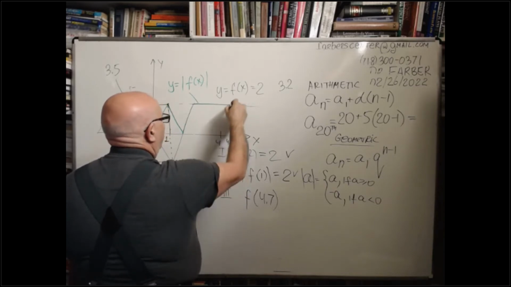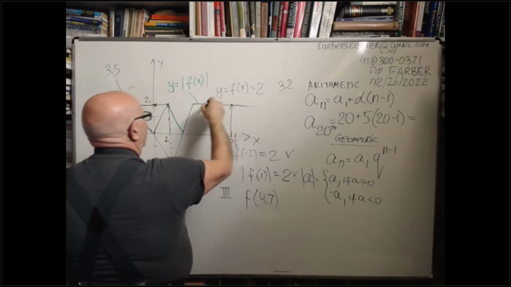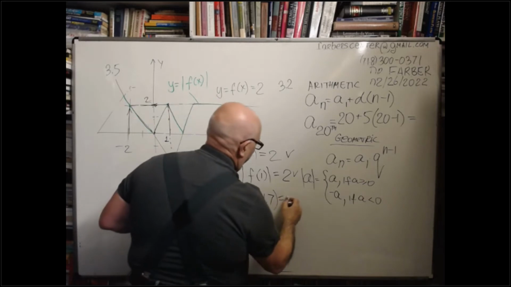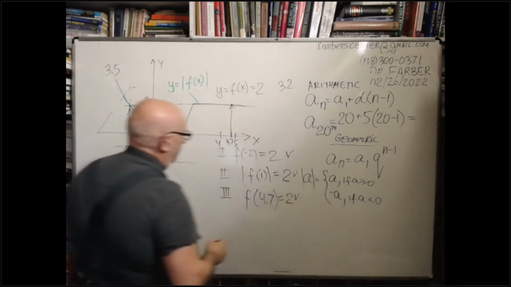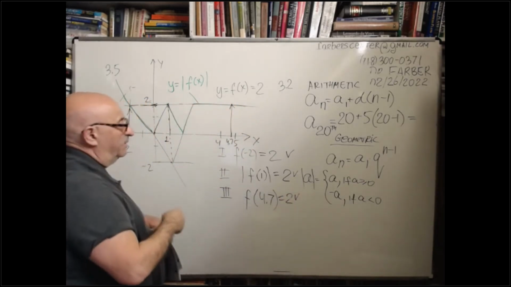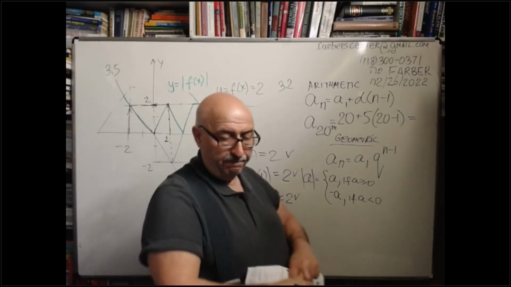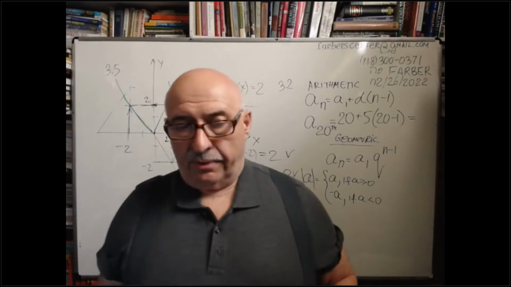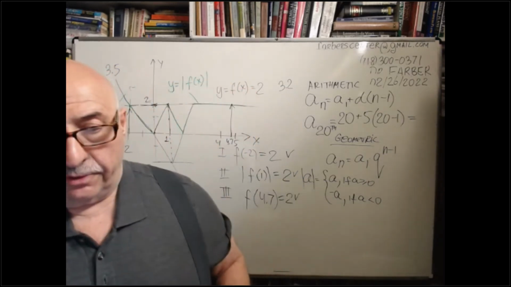You go up to the point of intersection, go to the left, and this equals 2. Bingo. All of them work. So 1, 2, and 3 satisfy this set of answers. Okay, who understands this 100%?